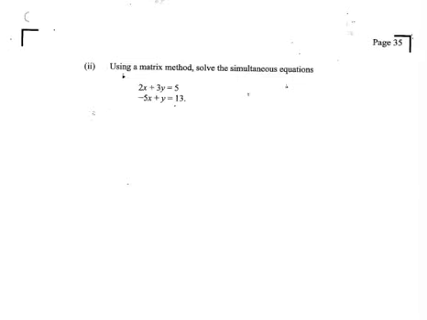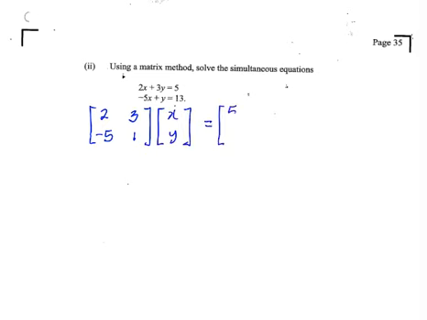Not difficult to do. We take the coefficients of x and y. So we have [2, -5; 3, 1] multiplied by [x; y], and this is equal to [5; 13].